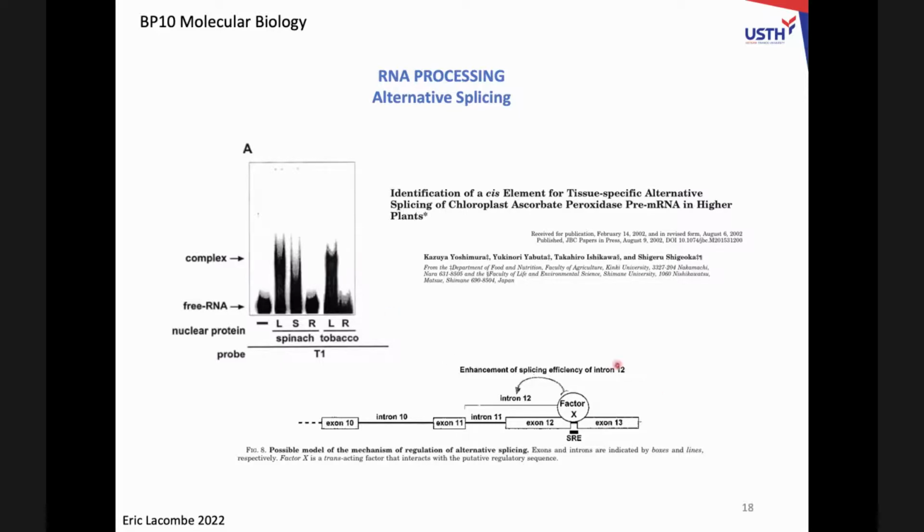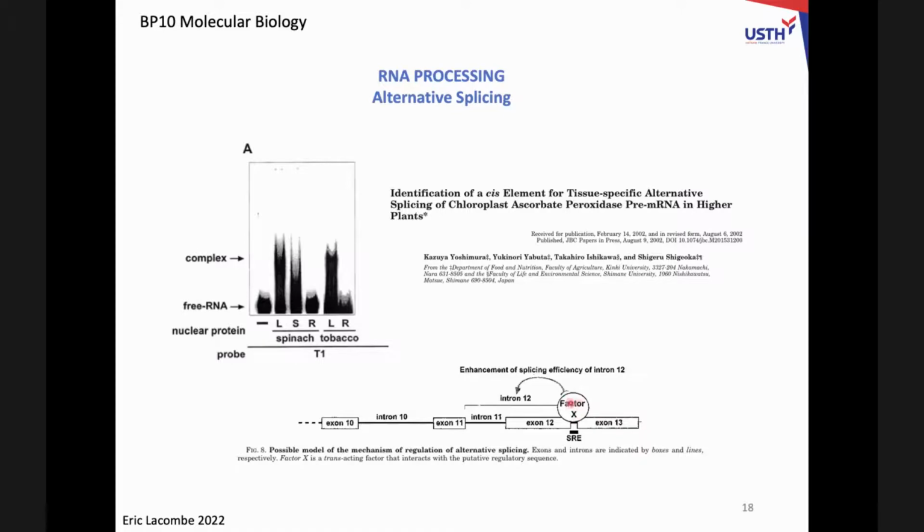So now look at the model. The model of the alternative splicing is, if you don't have factor X in the organ, the splicing will be normal, which is exon 10, exon 11, exon 12, exon 13.